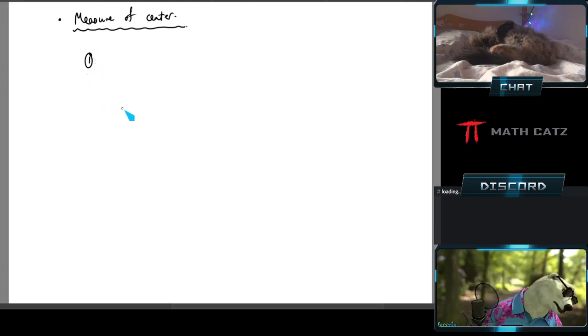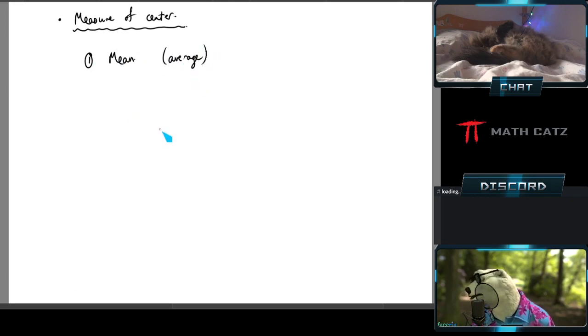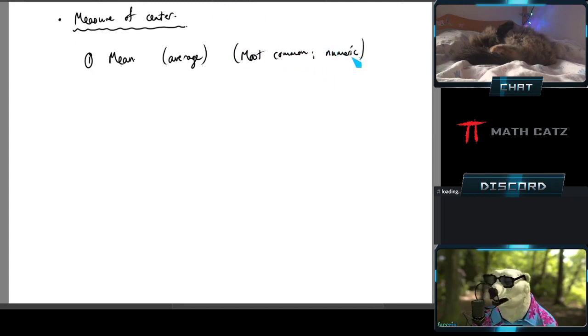Of course, I'm talking about numerical variables here so that I can actually perform a calculation on the scores, and we're going to call that the mean. But it's just the average that we all, I think, know. Most commonly used, most common for numeric variables.